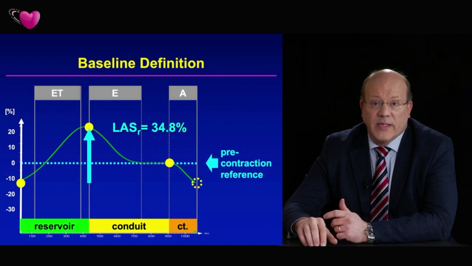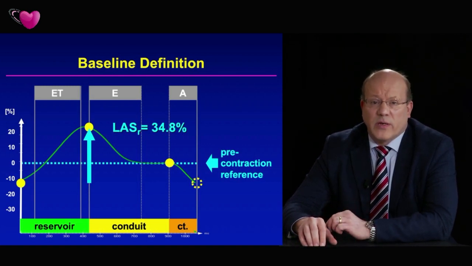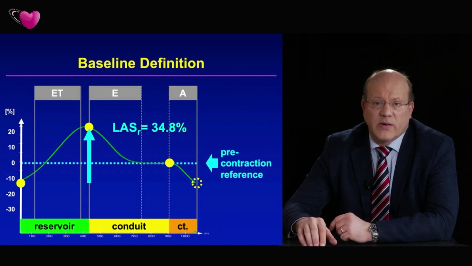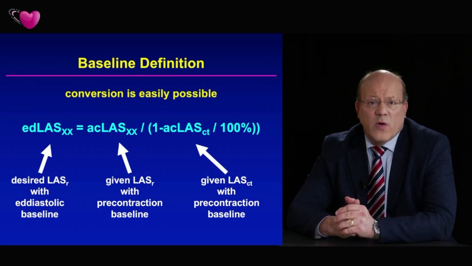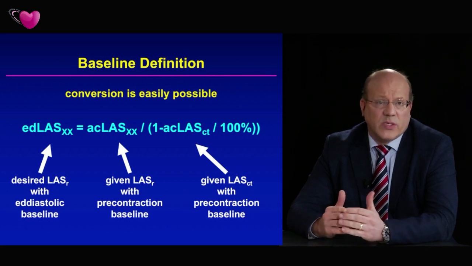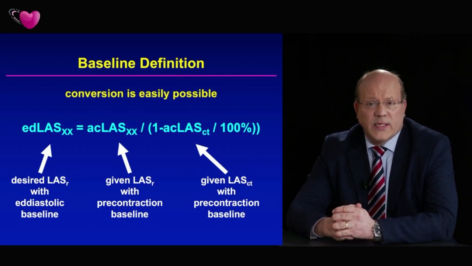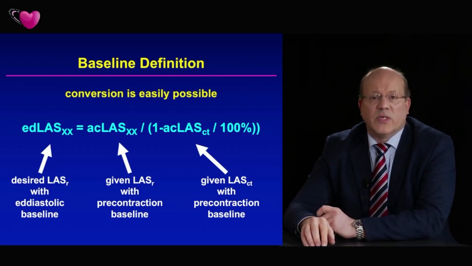All the rest remains exactly the same, and we can even convert one strain into another, so it's not really necessary to make this effort. We can just calculate any strain value which is based on a baseline with pre-contraction state to any strain value which is based on a baseline with end diastole, according to this formula, which you can also find in the recommendation paper.